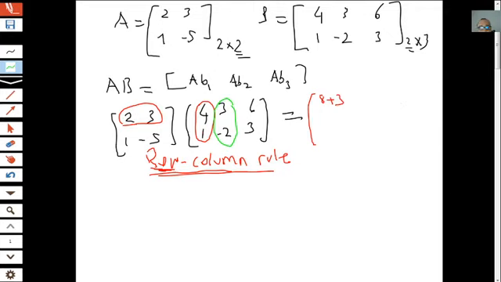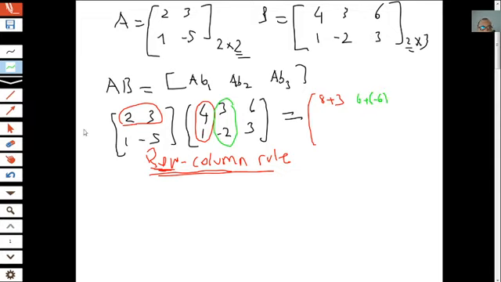So we have 2 times 3 becomes 6, plus 3 times minus 2 becomes minus 6.